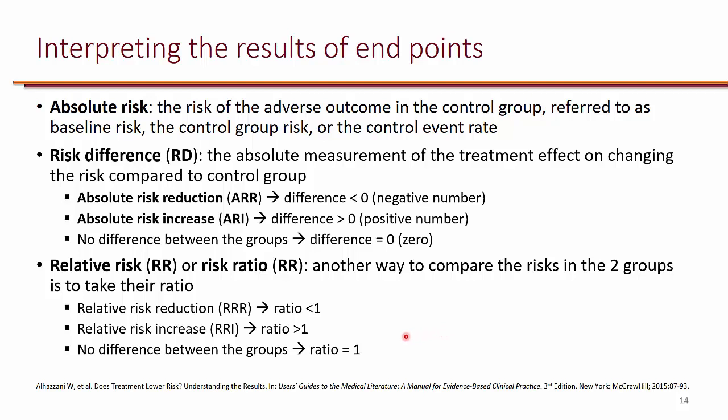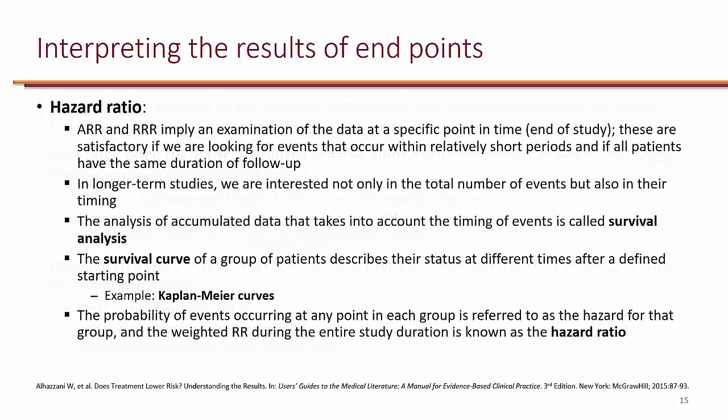So if there are fewer events in your intervention, that means your ratio will be less than 1, and that would result in a relative risk reduction. Versus if the number of events in your intervention is more than in your control group, then the ratio would be greater than 1, so that would be a relative risk increase. I will show you visually what these numbers really mean in a little bit.